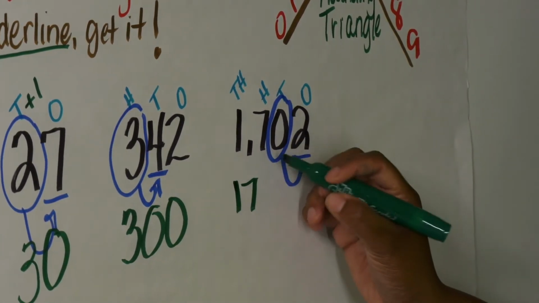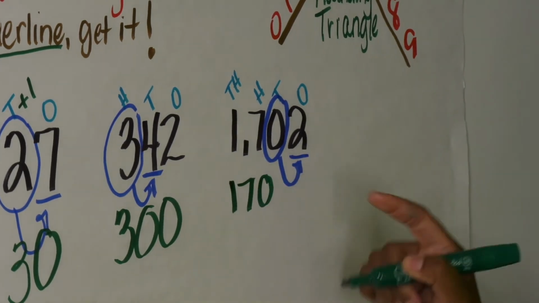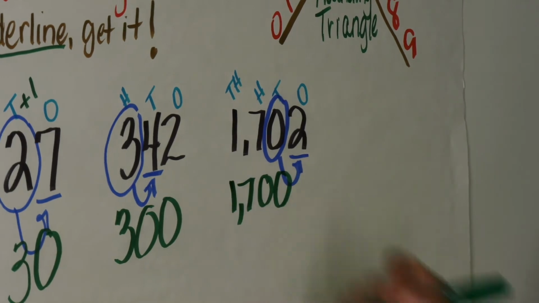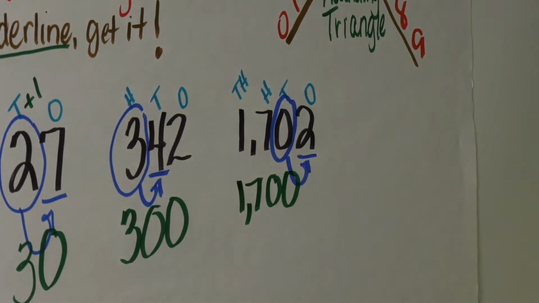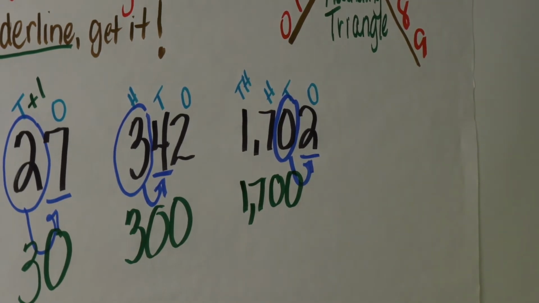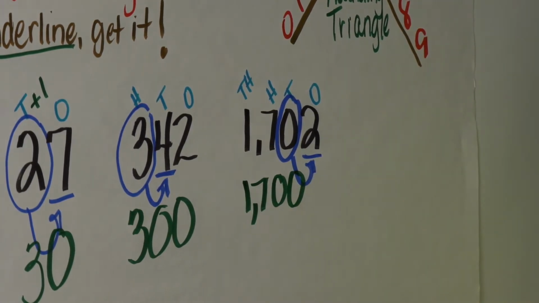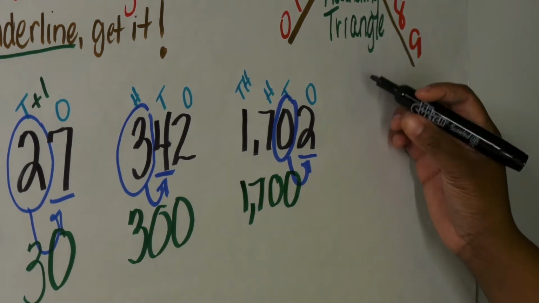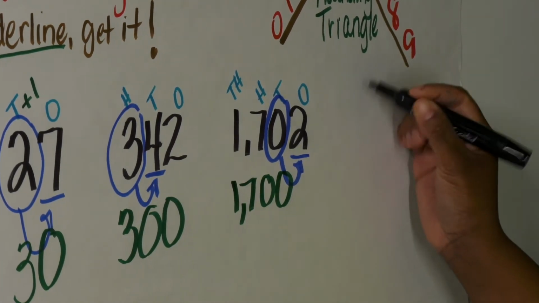It told us to keep it the same. Anything after the circle digit turns into a 0. So 1,702 rounded to the nearest tens equals 1,700. Okay, and I'm going to do one more example, and then I am going to review our decimals.